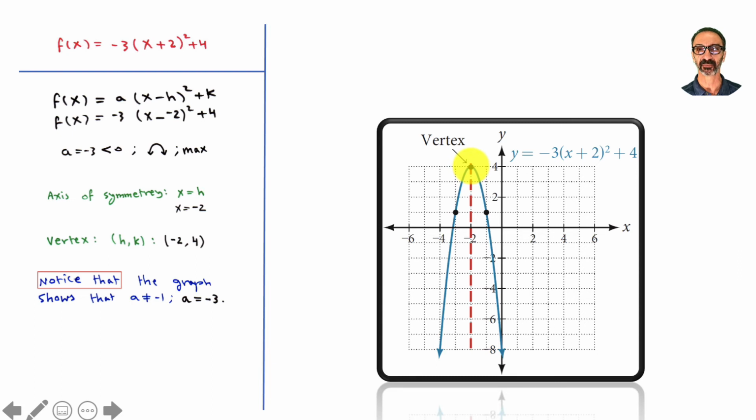This will be my second point. But look, it's all the way down here. So it's not 1, 1, it's 1, 3. That kind of confirms that a is negative 3. Just a comment to let you pay attention to. So we have a maximum at this point when x equals negative 2 and the maximum value is y equals 4.